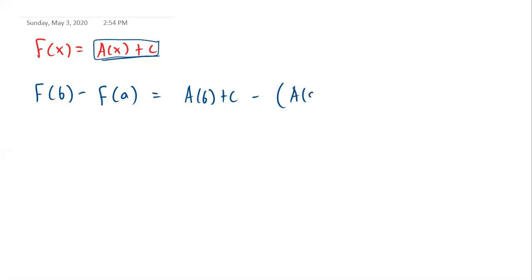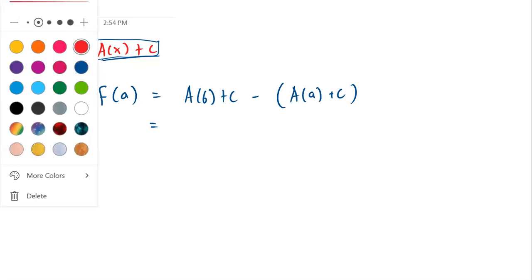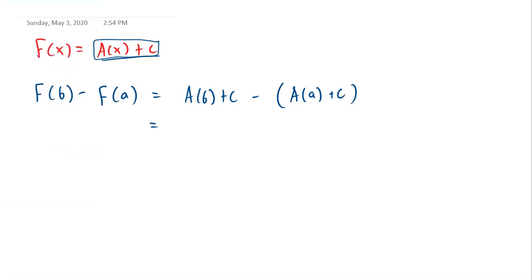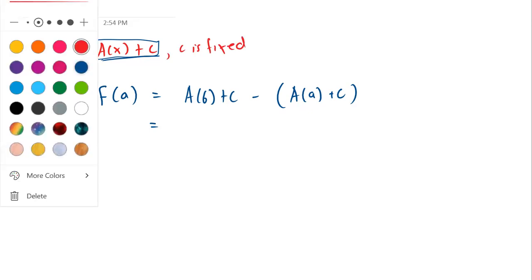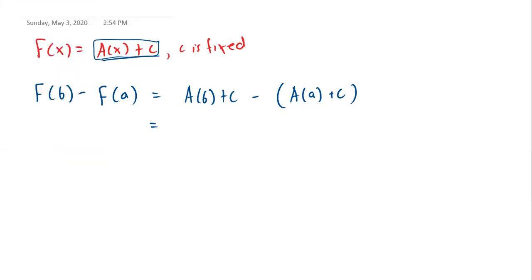So we get A of a plus c. If we simplify this, you have plus c minus c. And remember, here c is the same constant, because here we fixed c. C is the constant that makes F of x differ by c when compared to A of x. So here c is fixed. So some constant. So what do we get? So we get plus c minus c, those cancel, and we get A of b minus A of a.